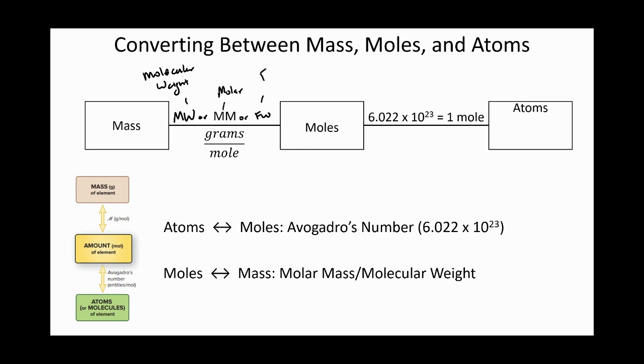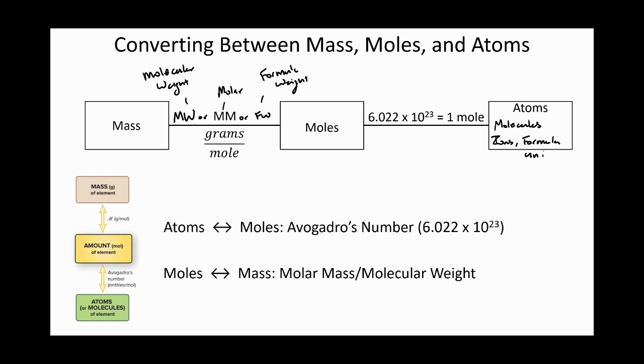And this is the weight of a formula unit. All of those can be used to go from mass of something to moles of something. And then as we go from moles to atoms, we're also going to be able to not only go to atoms, but we're going to be able to go to the number of specific molecules or ions or formula units.